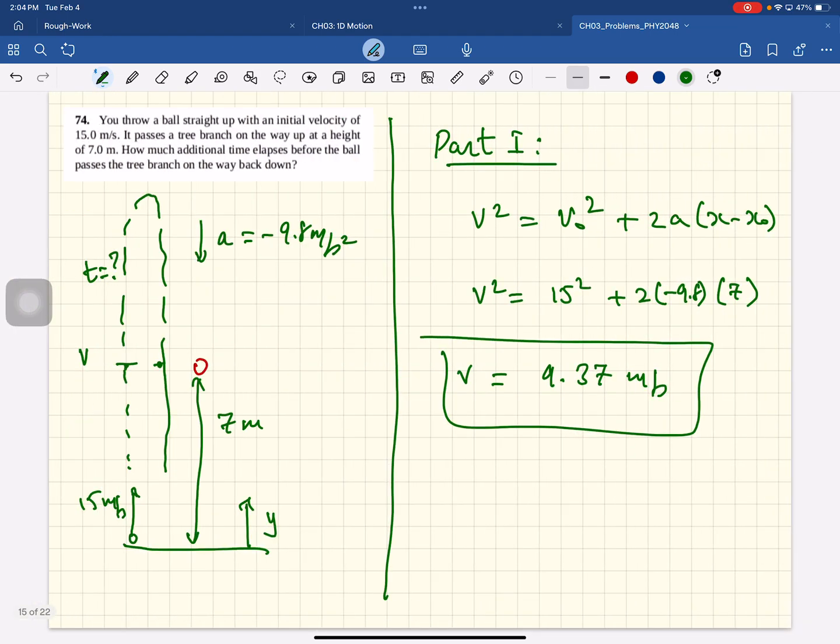Okay, you guys understand that? So now it spent 1.91 seconds above the branch.